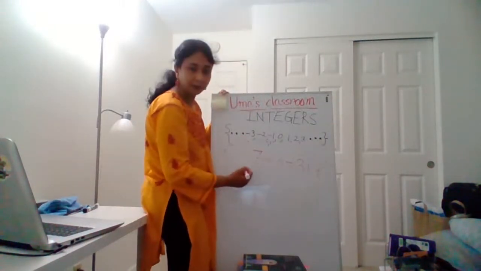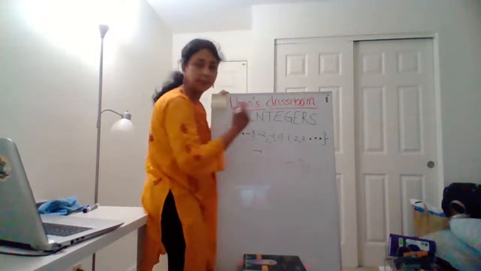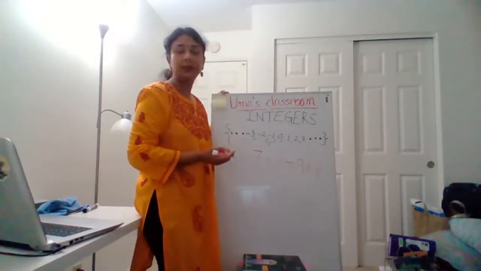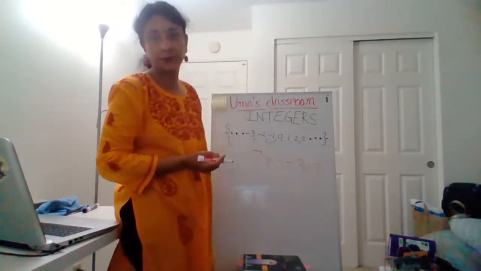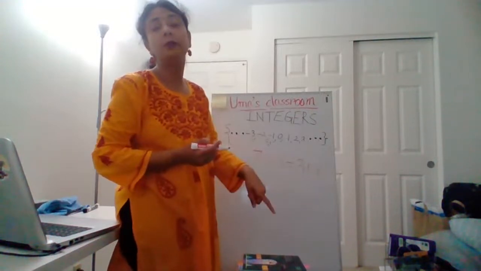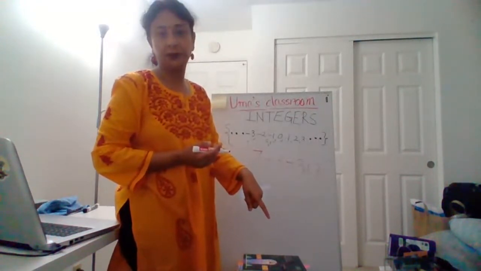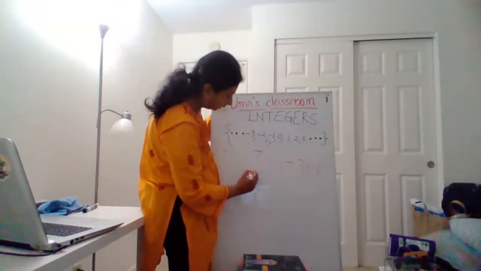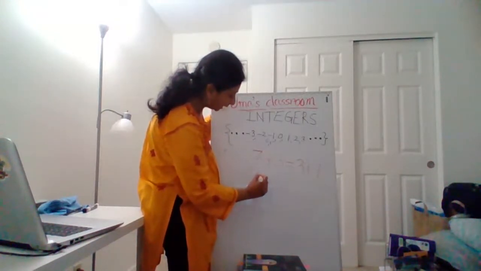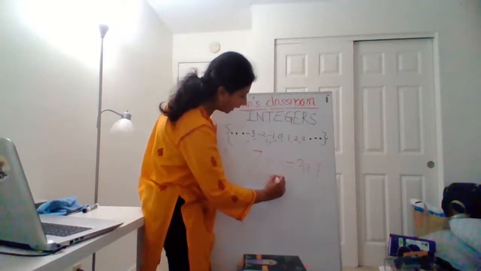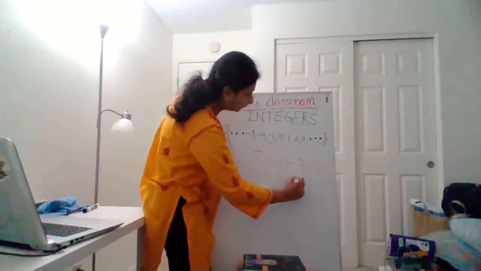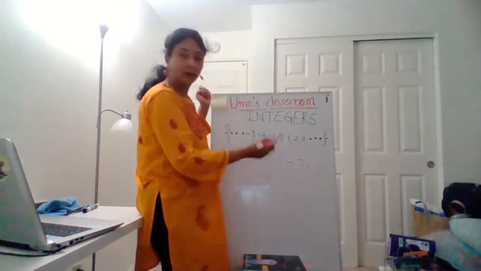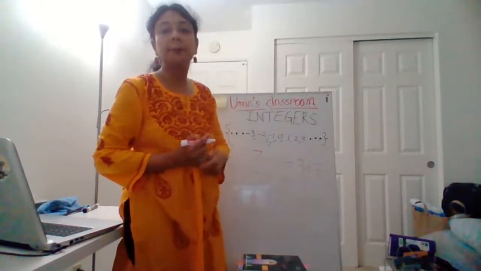So from my left hand side it is 10, from my right hand side it is also 10. This is called commutative property, and this is true for multiplication of integers also. Let's take one example. Suppose 8 times 4 and 4 times 8. Always it is giving me the same value.